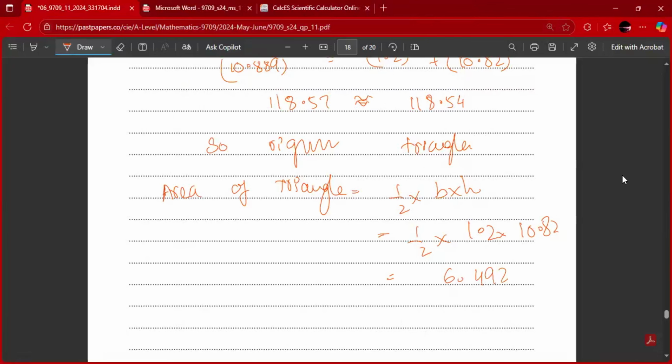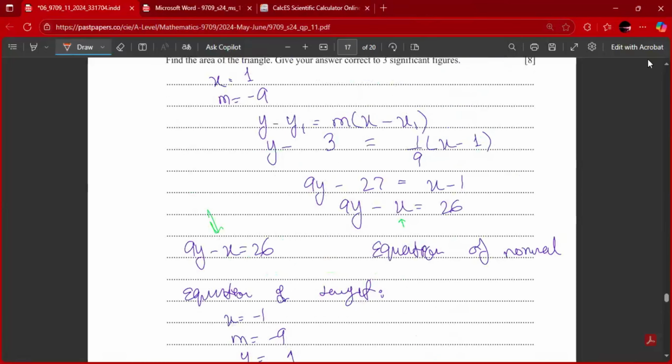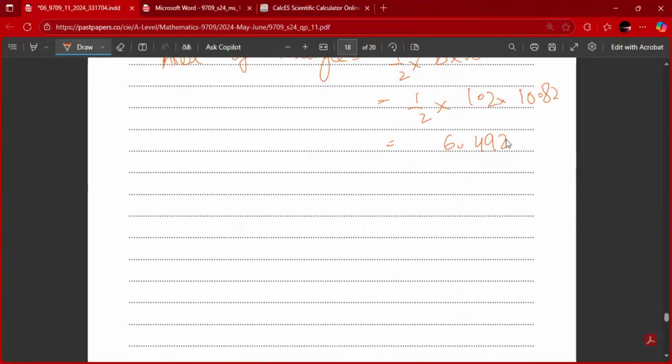There was a condition about some decimal places above: three significant figures. Let's just write it as 6.49. That's it. Units square.